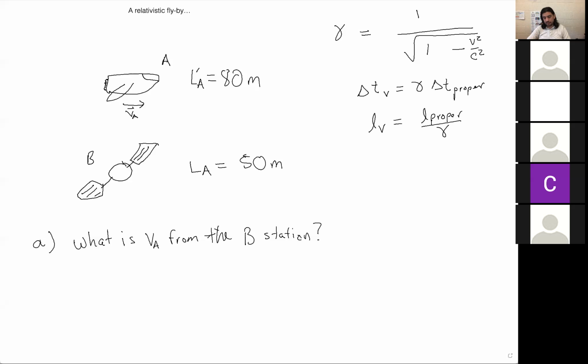You're comparing two frames of reference, so the 80 will go here and the 50 goes here. Now all you have to do is figure out what is the velocity so that you get that value.